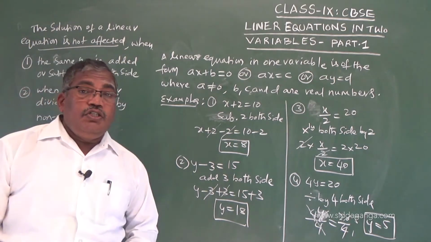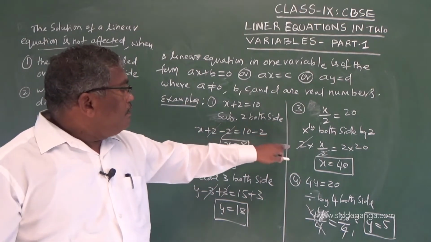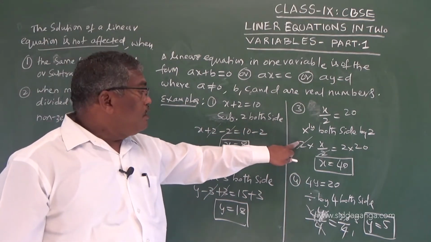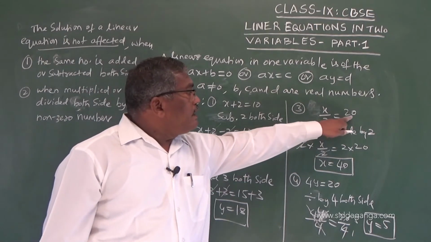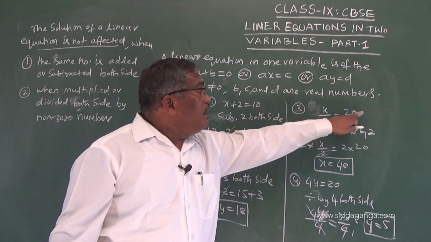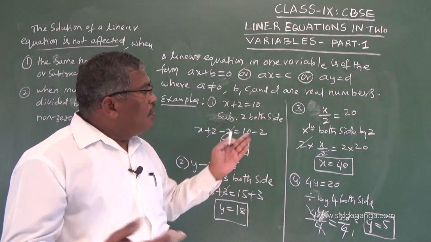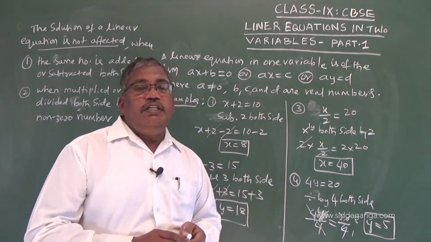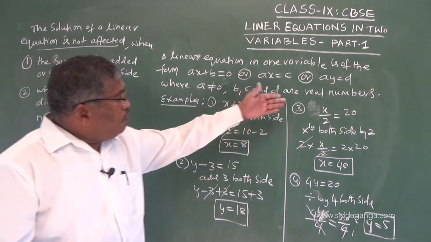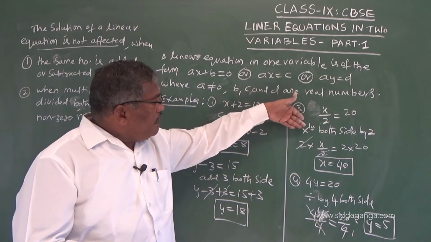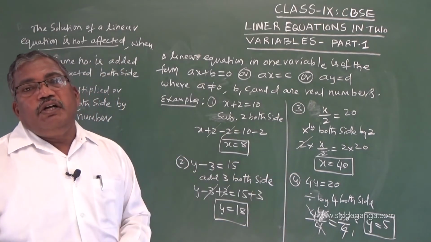So why do we say non-zero? You observe here, if I multiply by zero, 0 into x by 2 becomes 0, and on the right hand side 20 into 0, so both sides we will get 0. Then the variable also vanishes and we will not get the result. Therefore we have to do multiplication and division by a non-zero number only.